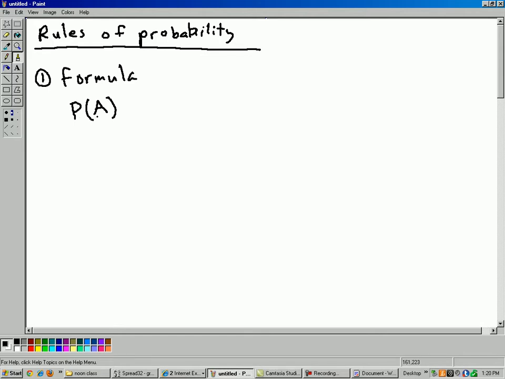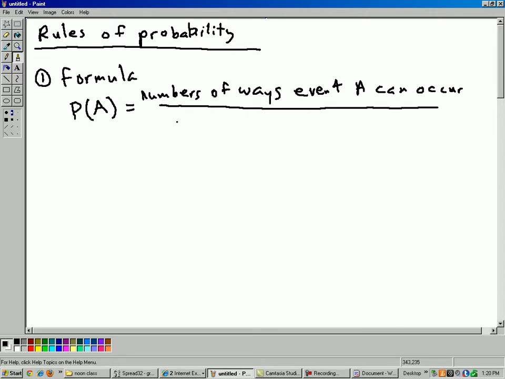So the probability of some event A happening is equal to the number of ways event A can occur, divided by all possible outcomes. And that would be the number of outcomes in that sample space.